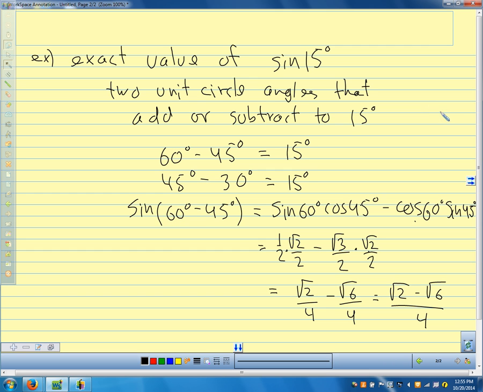Did we get these switched around? Sine of 60 is square root of 3 over 2, and cosine of 60 is 1/2.